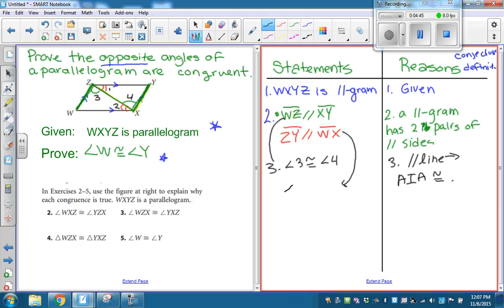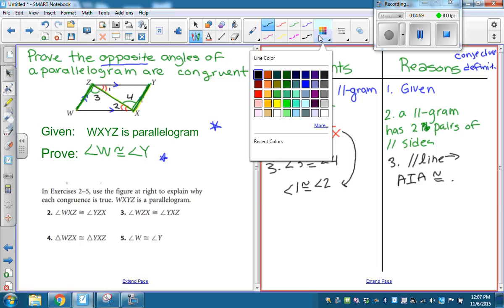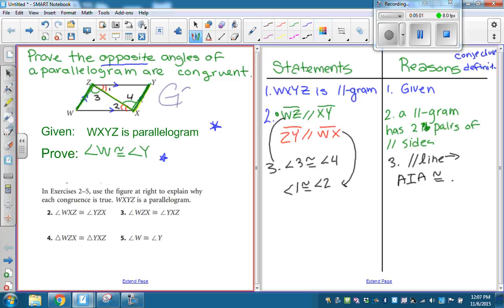Right, and why do I even care? Because to prove that the triangles are congruent, you need those angles, because you only have one side. My goal here is to show the triangles are congruent by angle side angle, because I'm going to use that. You see that?